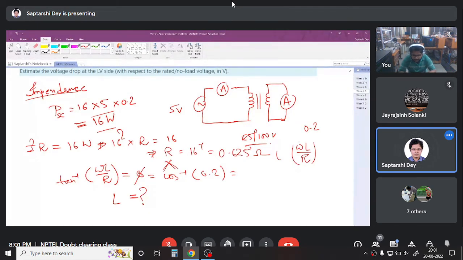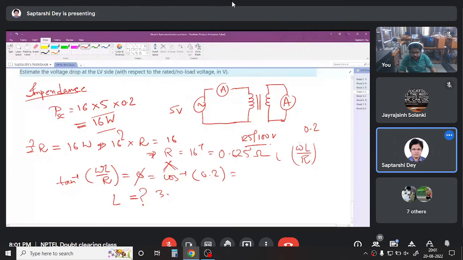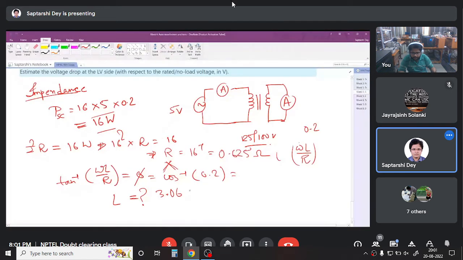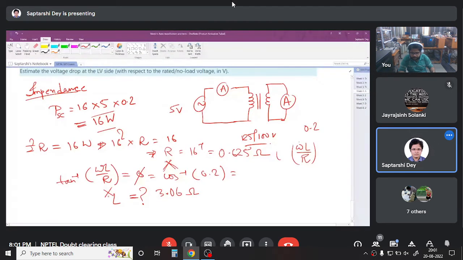So tan of cos inverse 0.2, L should come as 3.06. Could someone please confirm? Not L, XL.